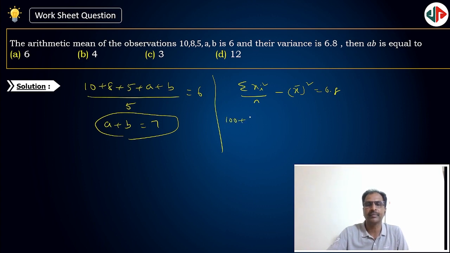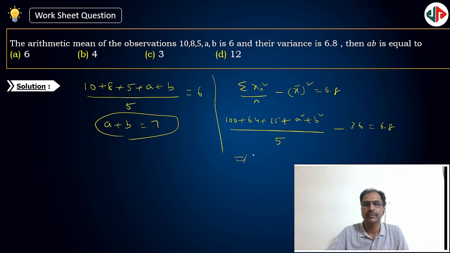100 plus 64 plus 25 plus a square plus b square, by number of observations 5, minus x bar whole square, 36, is equal to 6.8. From this, 164, 189 plus a square plus b square is equal to 36 plus 6.8, 42.8, into 5.